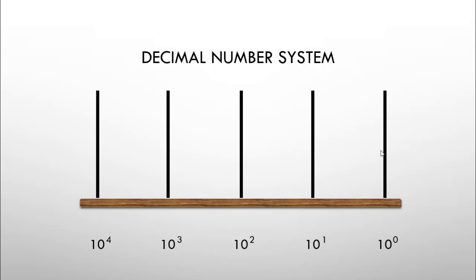Now when I give the power to this base value, it will give me a certain value. For 10 to the power 0, it will give me the value 1. For 10 to the power 1, it will give me the value 10. For the next ones, it will give me 100, 1000 and 10,000. And it will go on if the counting frame is larger.